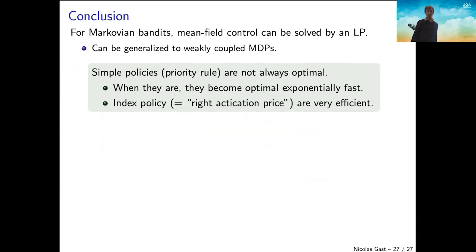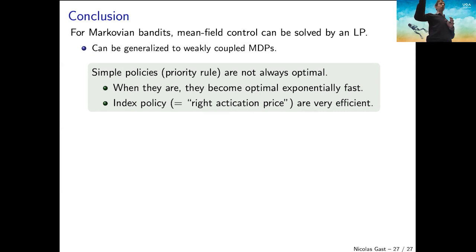Okay, let me just wrap up what I've said. So today I talked about essentially Markovian bandits and restless Markovian bandits in particular, for which I presented this relaxation that looks a bit like a mean field control relaxation, and that is nice for these problems because everything is linear, so everything can be solved by an LP, pretty efficiently.